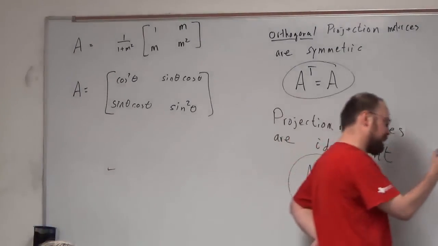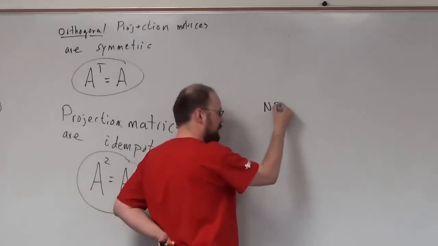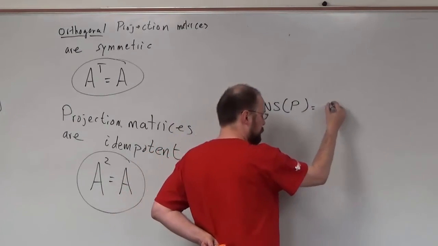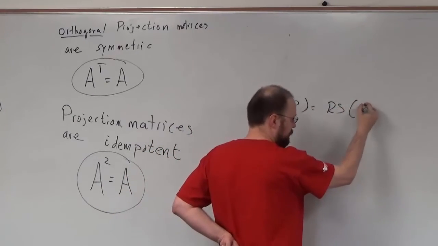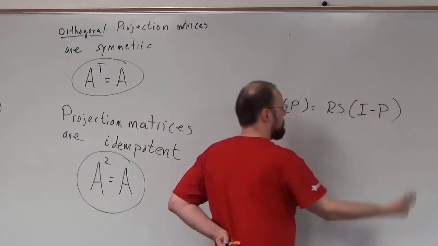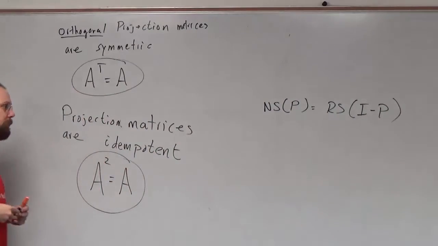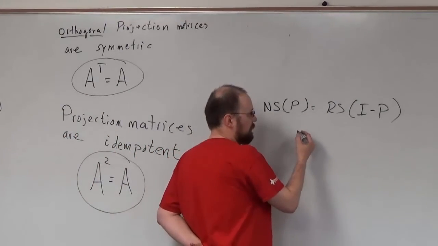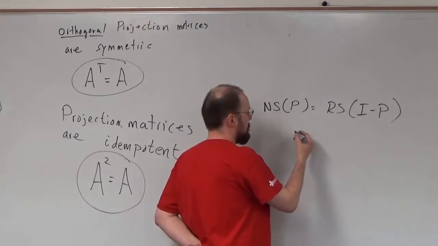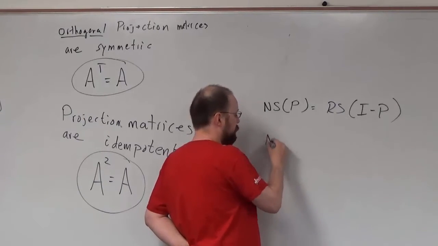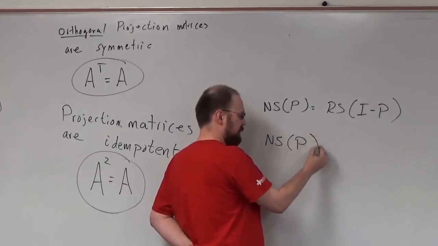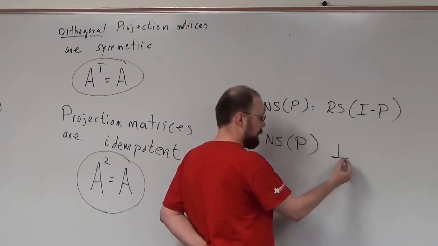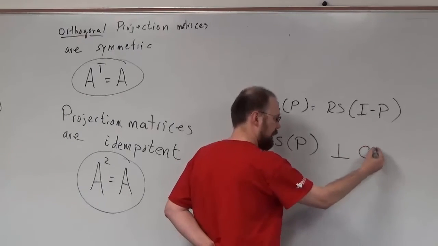I think they wanted to prove that the null space of some projection operator, or arbitrary projection, is equivalent to the row space of I minus P. You can use these ideas to prove that. The null space of the projection matrix would be perpendicular to what space? The column space of P?